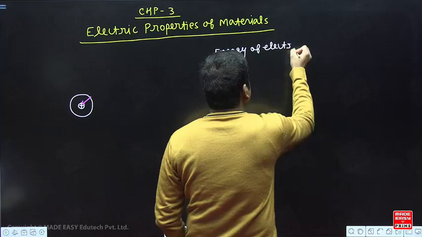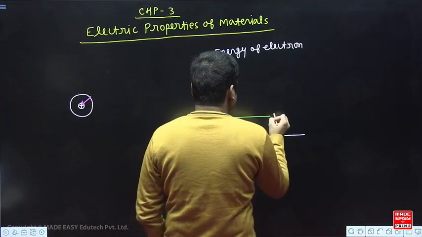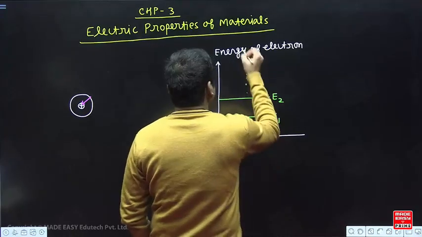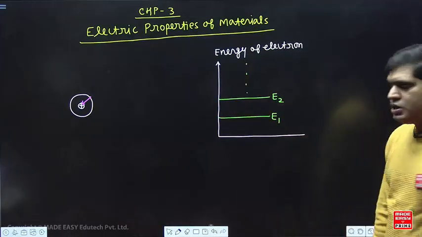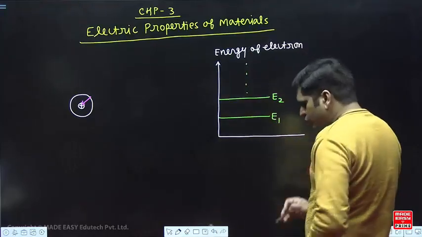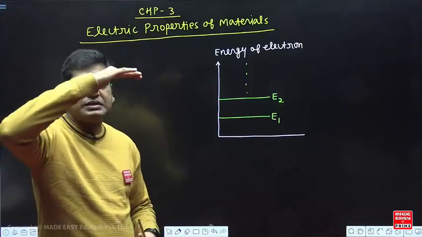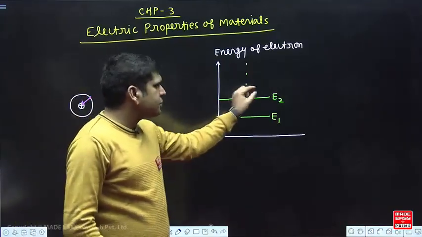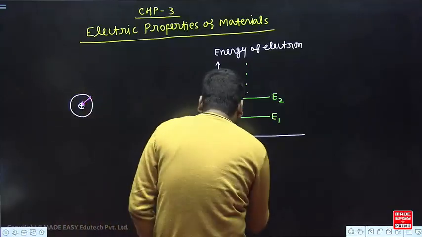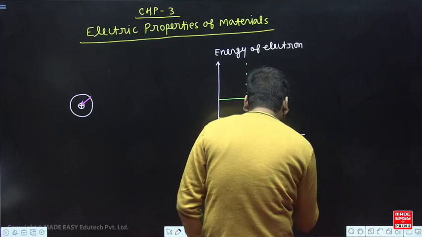How do we plot it? If you recall, it is E1 first energy level, then E2 second energy level, and then likewise E3 and so on. So the energy of electron in an atom, when plotted on the graph, gives us discrete lines. Each line represents a level, a position of energy. So this diagram is known as energy level diagram.